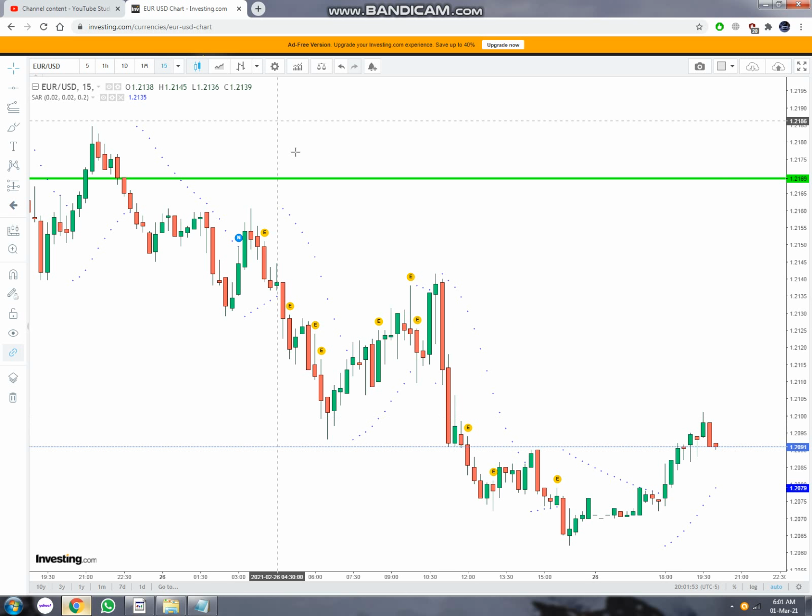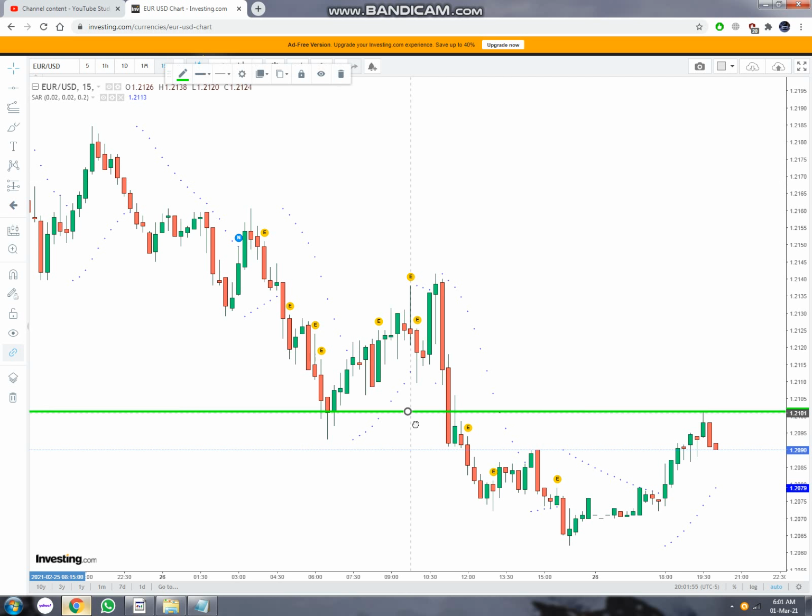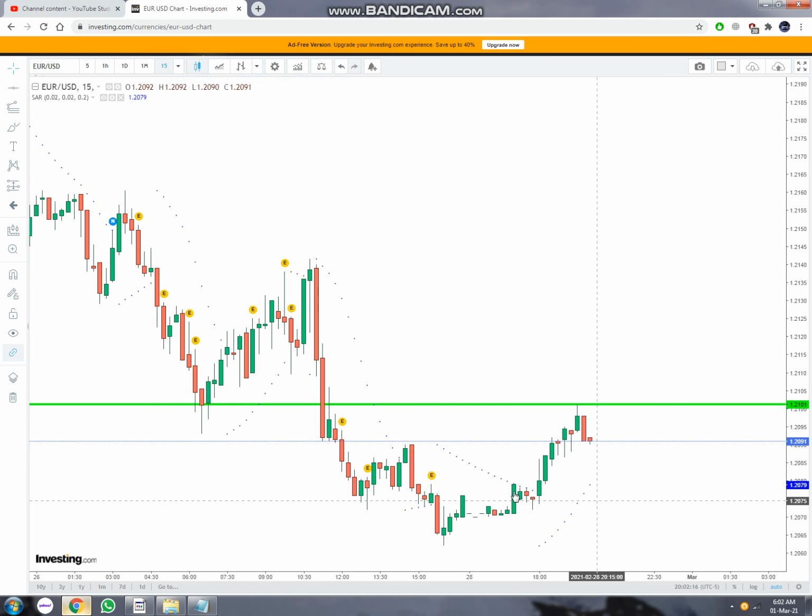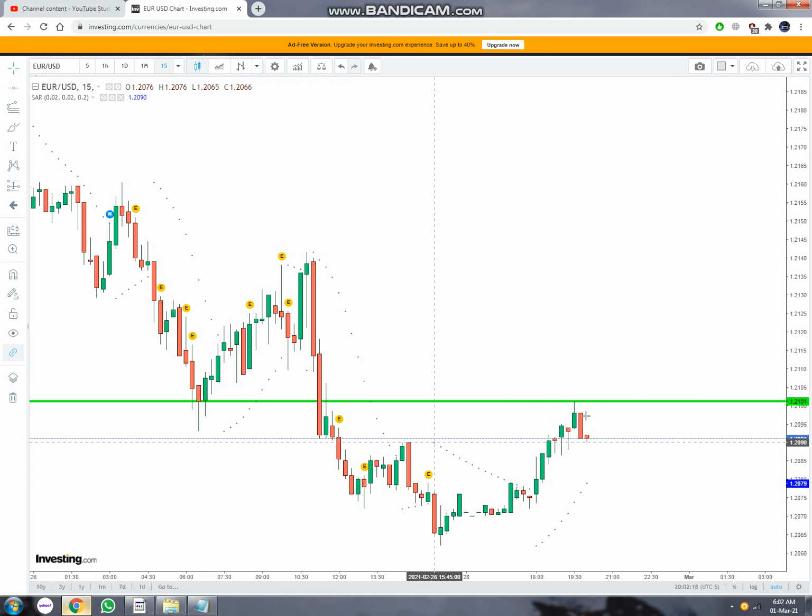At this level you can see that this is a support level, and this trend line is acting as a support level for this area, and for this area it is acting as a resistance level. What you can see about break and retest is, if it broke this trend line, let me show it to you clearly.